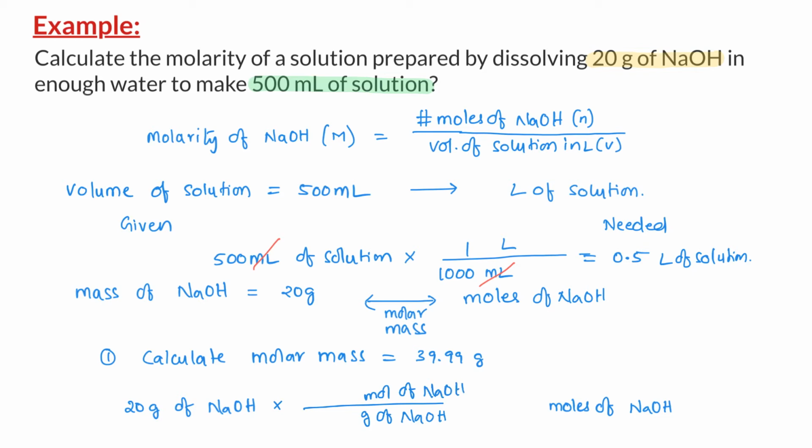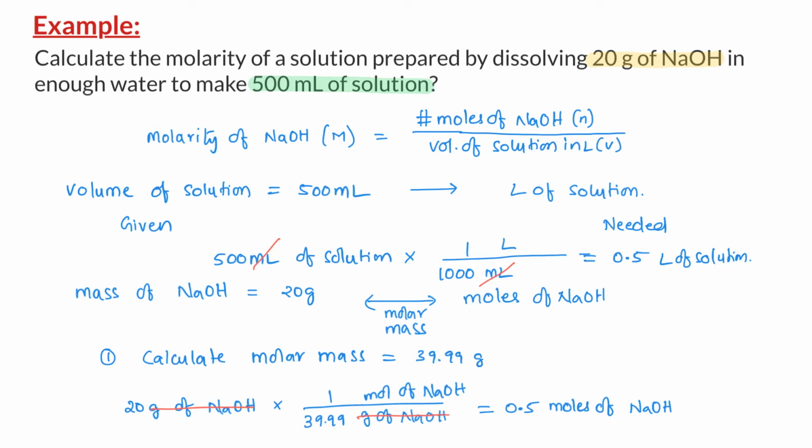That is, 1 mole of sodium hydroxide per 39.99 grams of sodium hydroxide. Grams of sodium hydroxide gets cancelled, and if we do the math, we get 0.50 moles of sodium hydroxide.